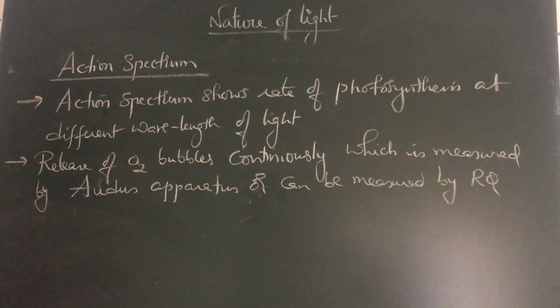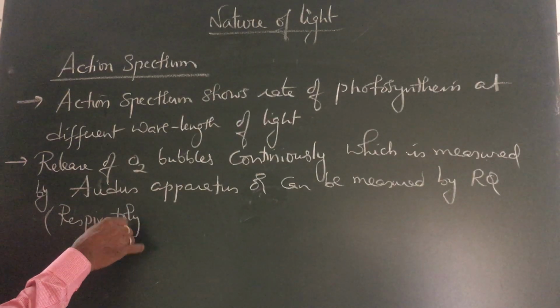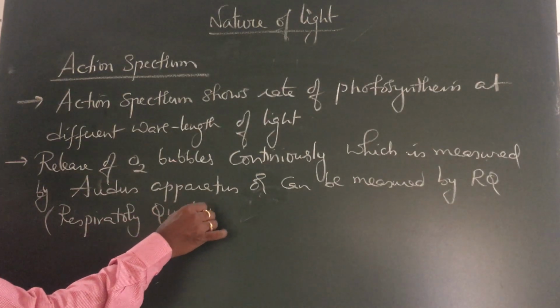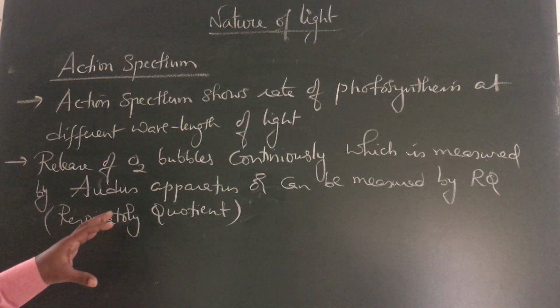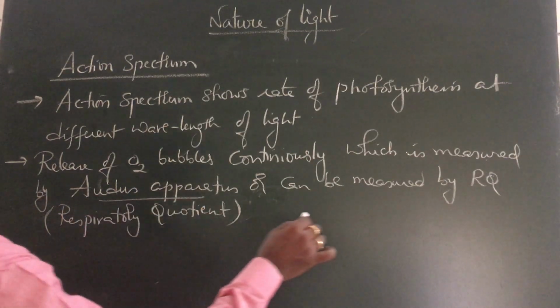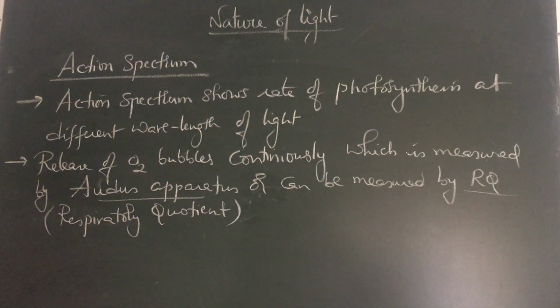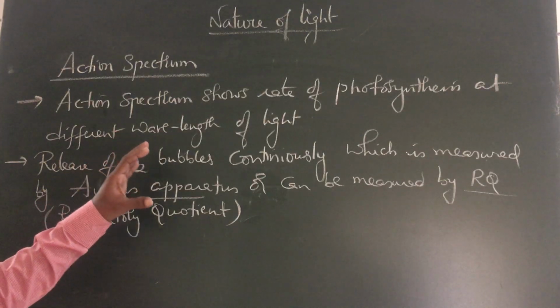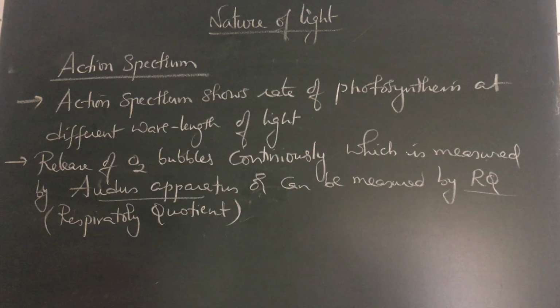RQ means respiratory quotient. So this can be measured by Ordus apparatus or RQ. Then you know how the rate of photosynthesis is taking place by the evolution of the oxygen.